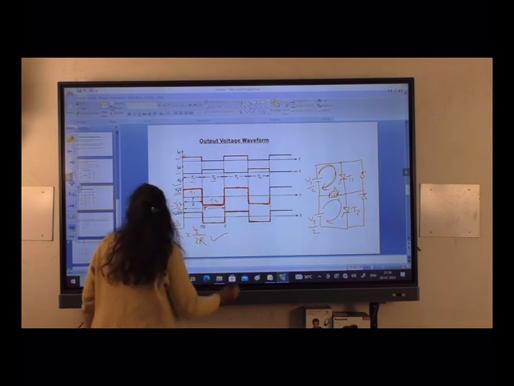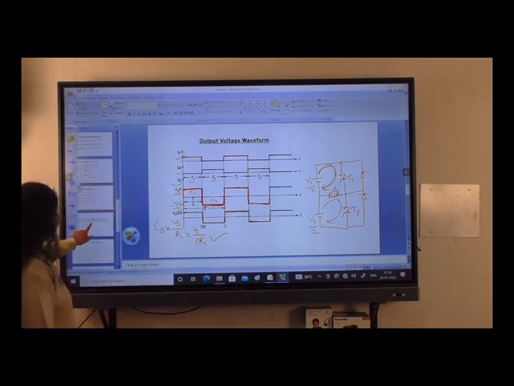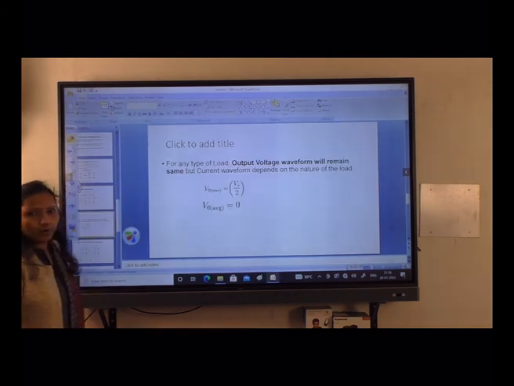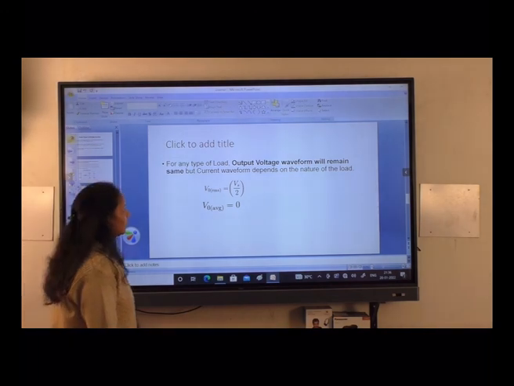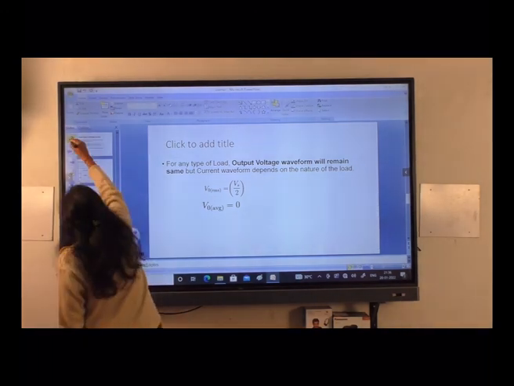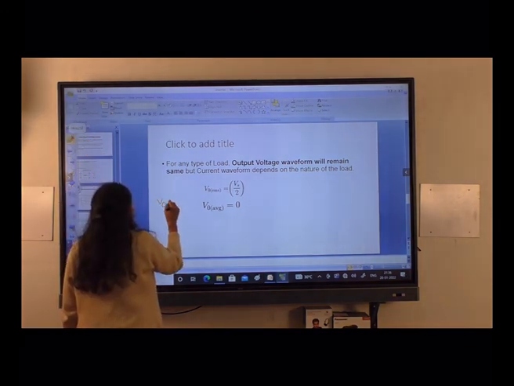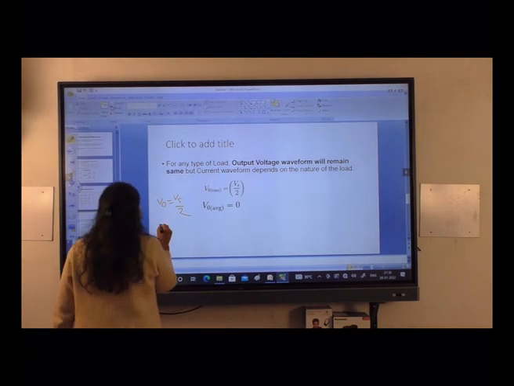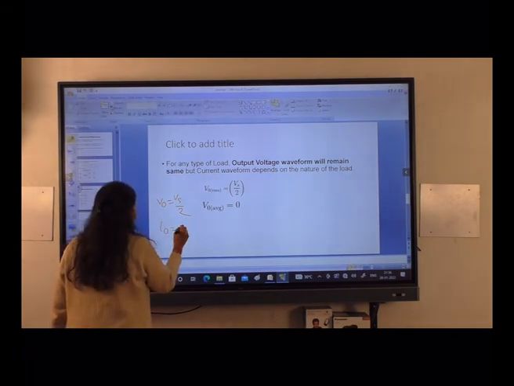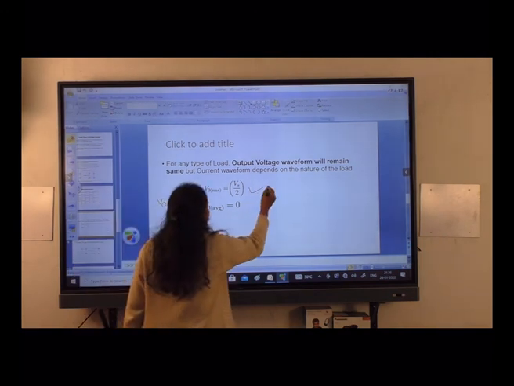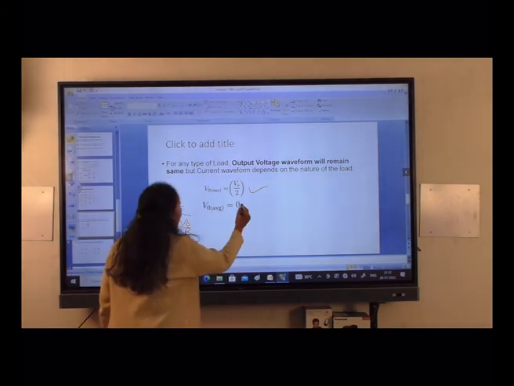So the conclusion is that for a resistive load, V0 is Vs by 2 in magnitude, and I0 is V0 by R. Here V0 RMS is Vs by 2 and V0 average is 0.